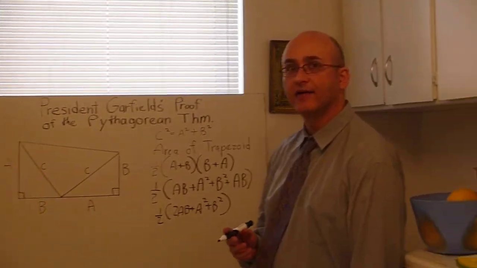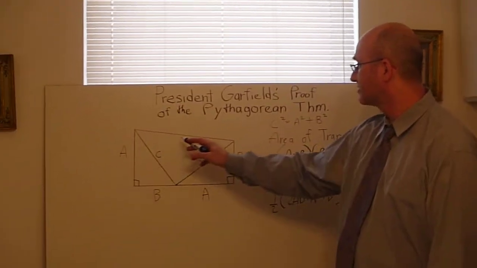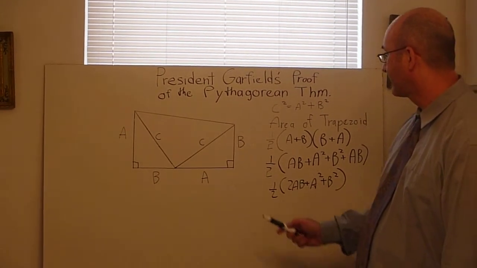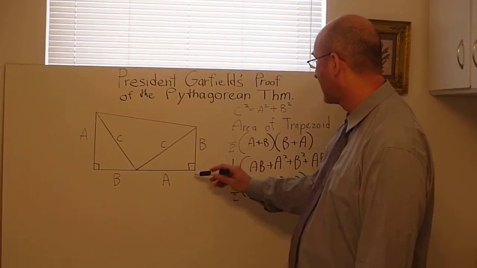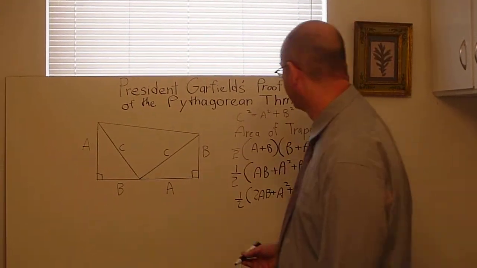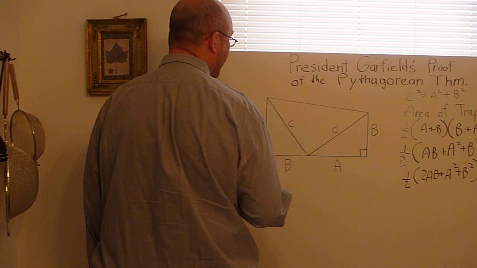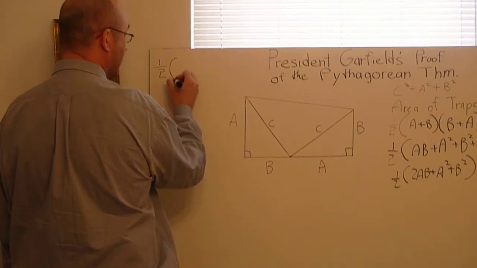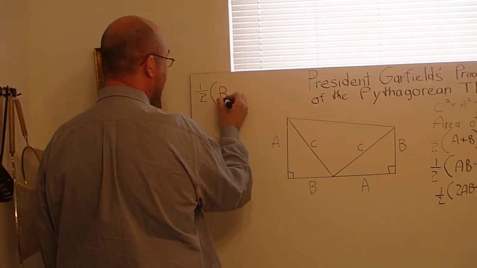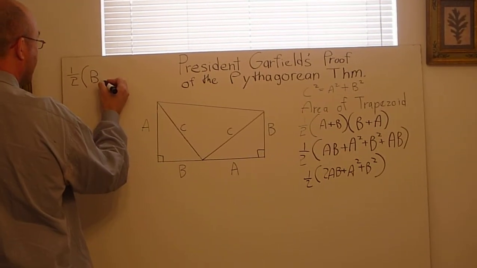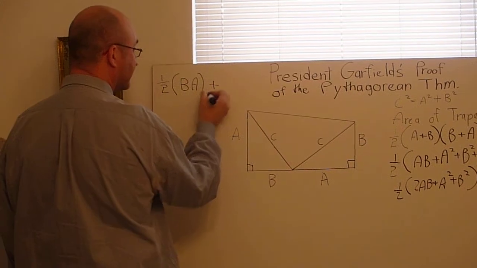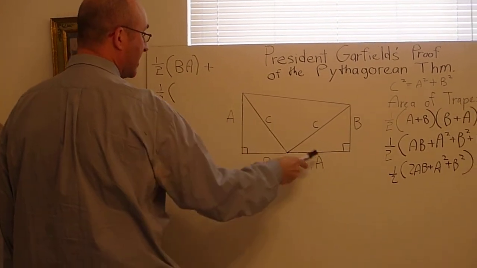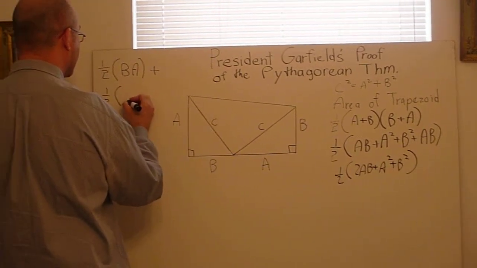Now let's look at the area of the three constituent triangles. The formula for the area of a triangle is half the base times the height. So on this side we'll say 1/2, the base is B, times the height A, plus 1/2, the base is A times the height B, again BA.